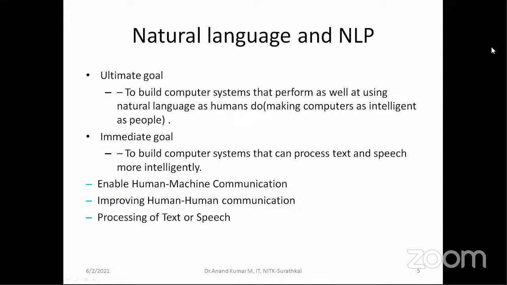Anyway, we have a long time to go. Our immediate goal, the short-term goal, is what I can achieve now. What you can achieve immediately is processing text or speech in an intelligent way. If you are developing a piece of software to process text, suppose you are creating software to understand speech, whatever I'm speaking, and convert that into text, that's an NLP application.